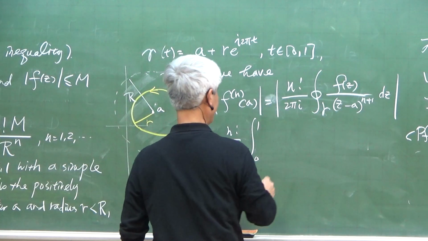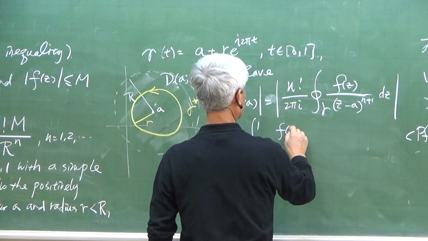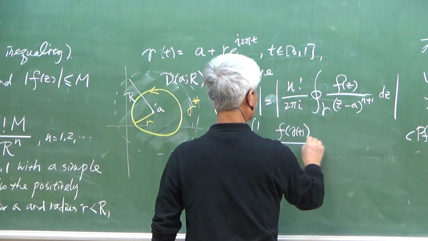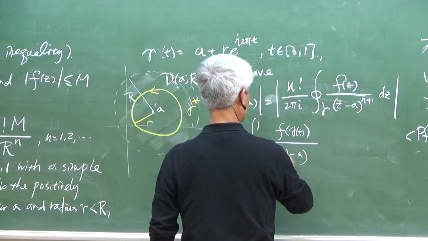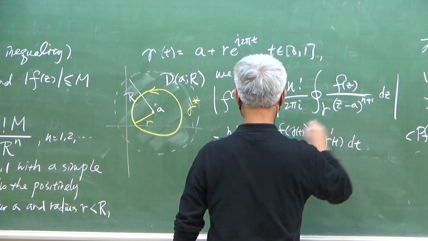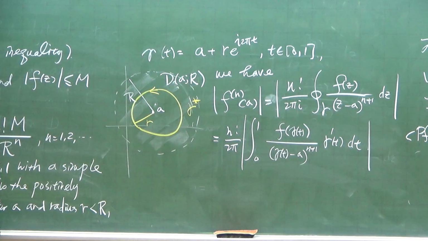This is f of gamma t over the absolute value of gamma t minus a to the n plus 1, times the absolute value of gamma prime t dt. So we can just apply the line integral to it.